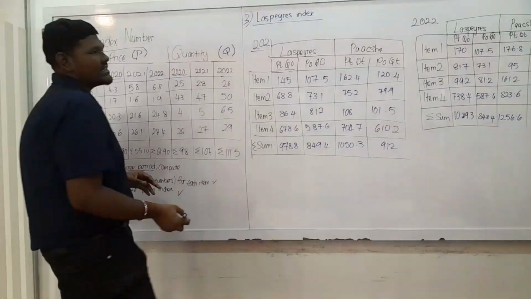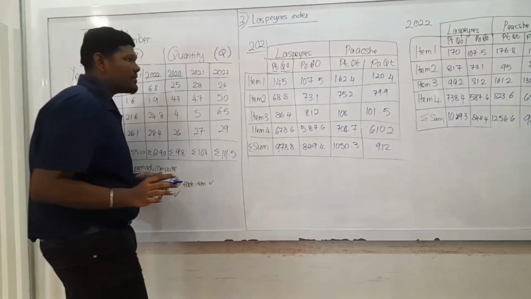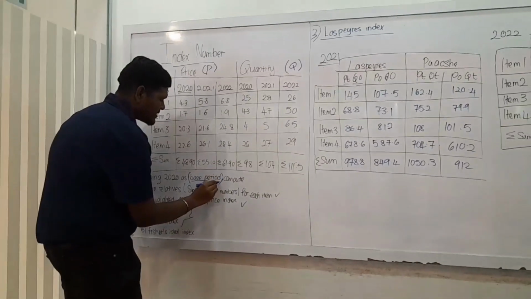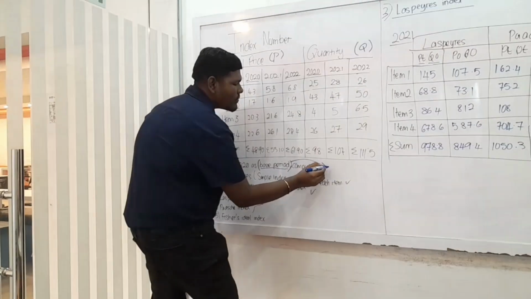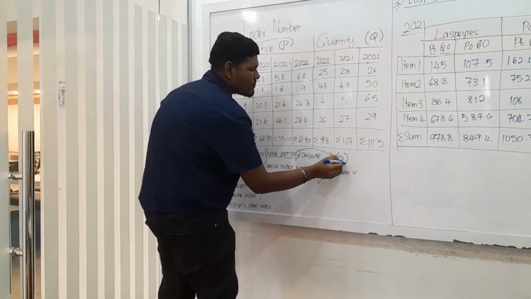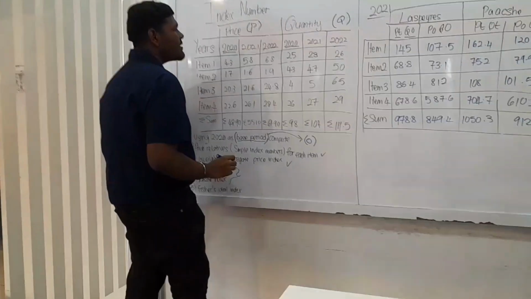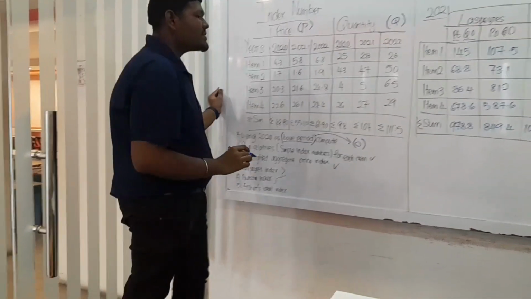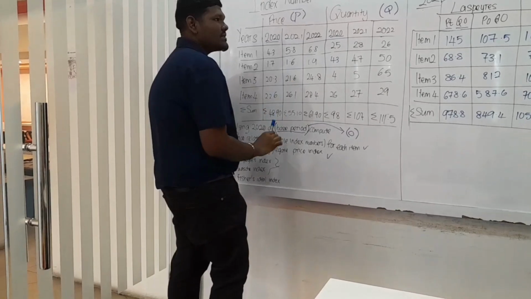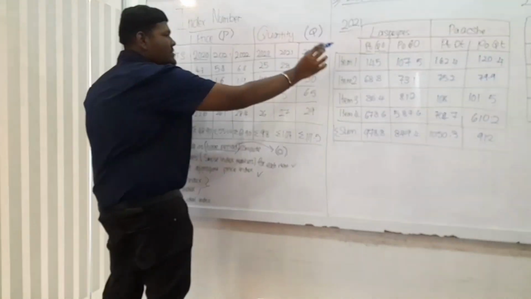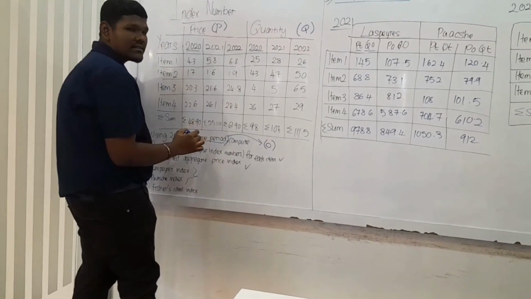Easy. O always stands for base year, and T is current year. So in this part, 2020 is the base year, and for 2021, these are the current year.